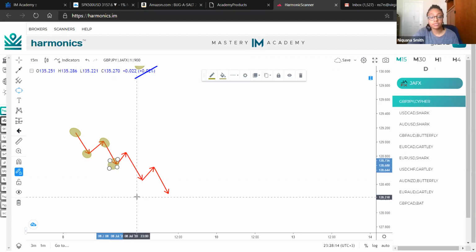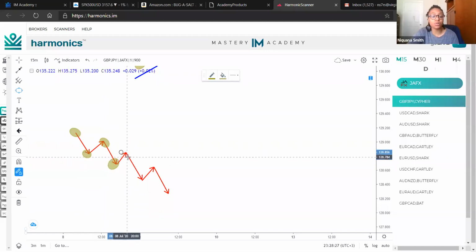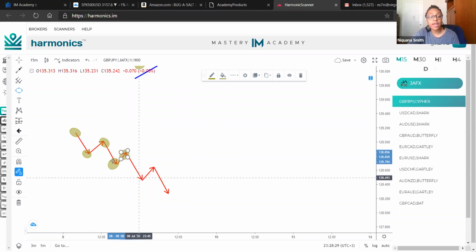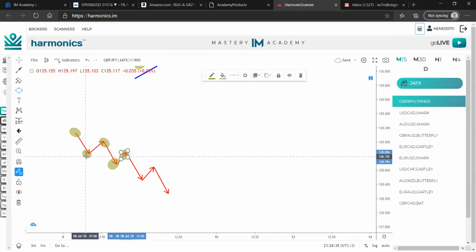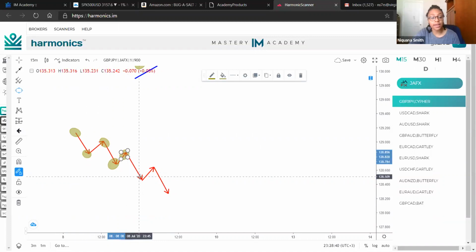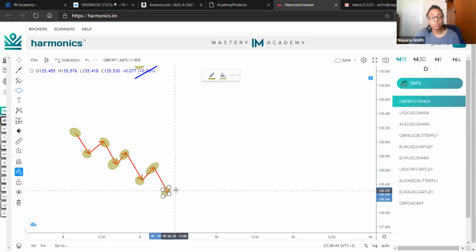Somebody new, other than Ash, because Ash has been answering the questions. What is this right here, guys? A lower low. A lower low, exactly. This is a lower low. So you know that a bearish trend, which means it is selling, going in a downward trend, is full of lower lows and lower highs. So a lower low, a lower high, and a lower low.